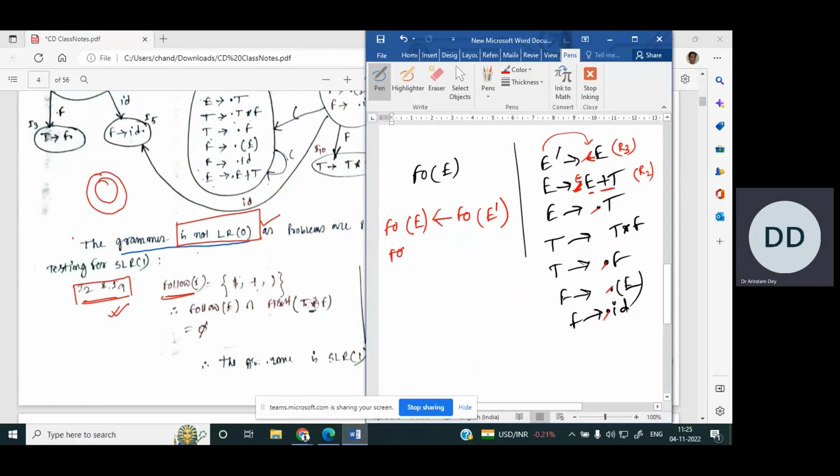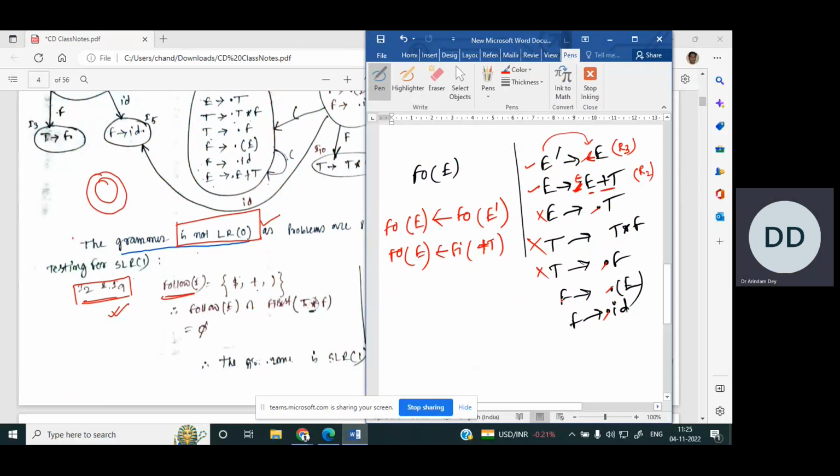So follow of E will contain the first of plus capital T. This part I will get. From here I have taken something, from here I have taken something, but from here I will not get anything, because no E terms are there.